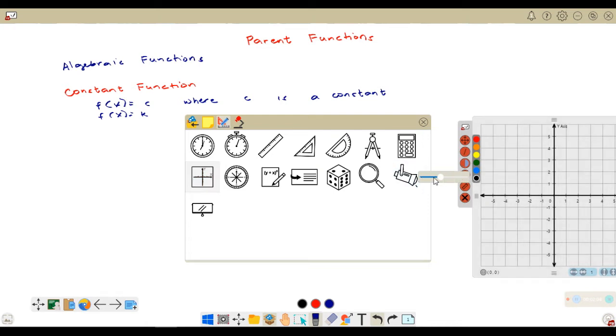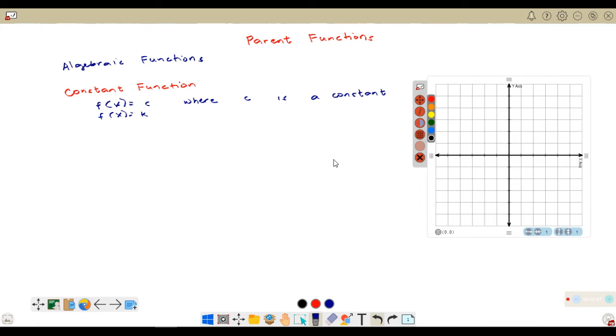For the graph of a constant function, you have to recall that f of x is also equal to y. Therefore, we can write this as y is equal to c. So we're going to plot c on our y-axis.